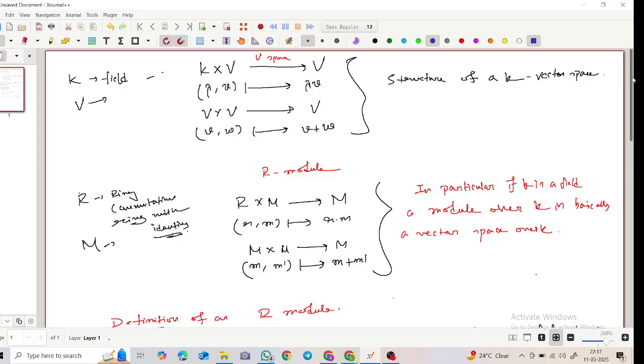Is it clear to everyone else? Yes. Okay, so now is it clear? Yes, sir. So basically we are discussing what an R module is. R is a commutative ring with unity. Do you know the definition of an R module? No. Then don't be 15 minutes late to the class.